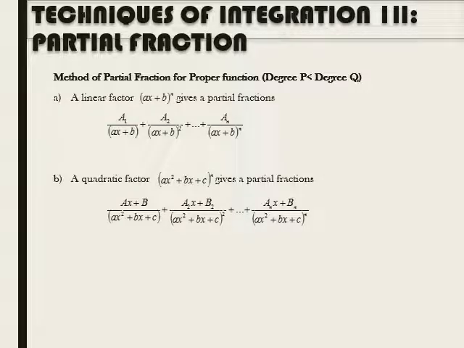For example, if we want to integrate 1 over (x + 1) squared, the partial fraction will be A over (x + 1) plus B over (x + 1) squared, right?